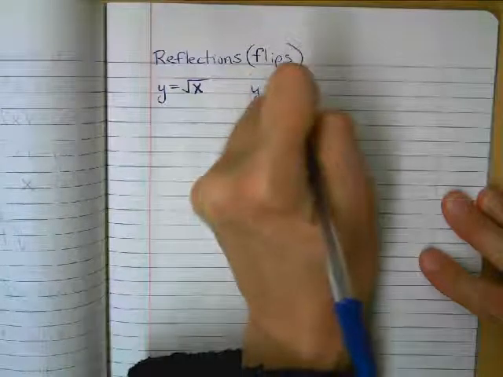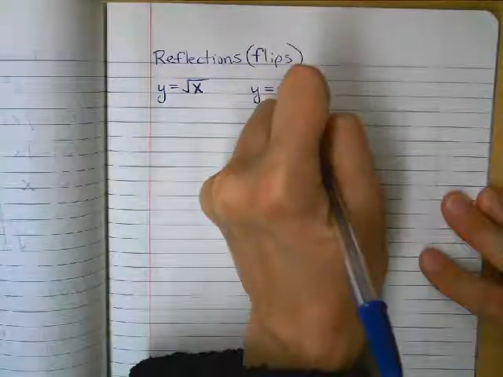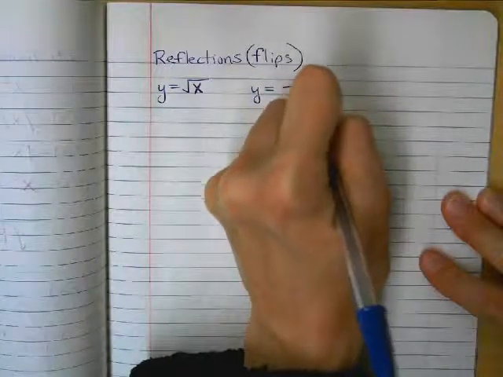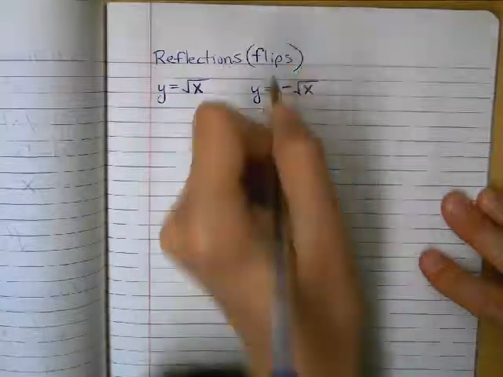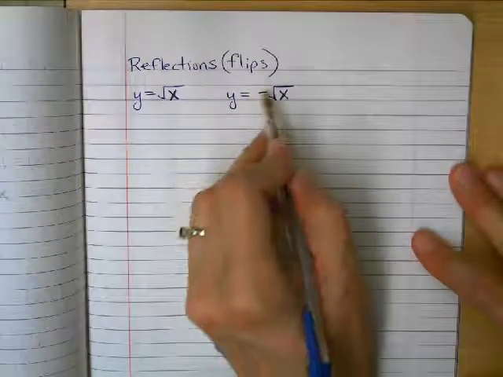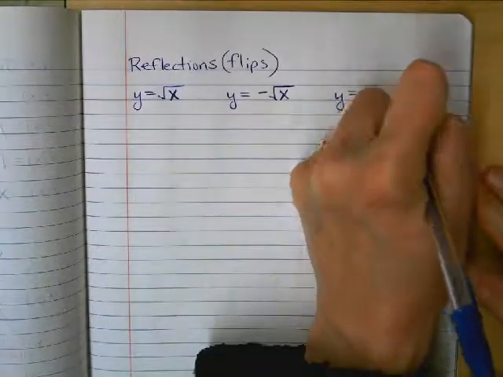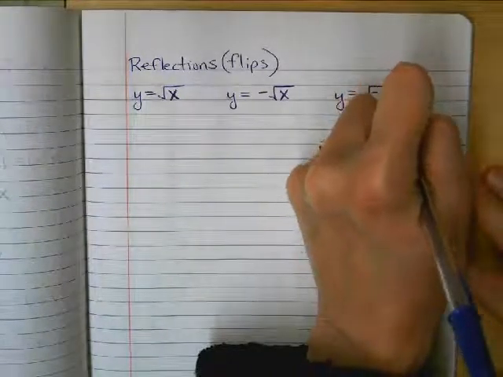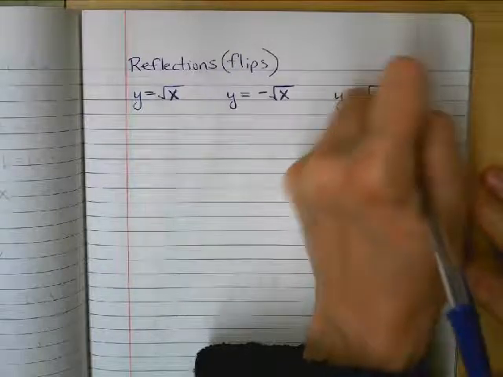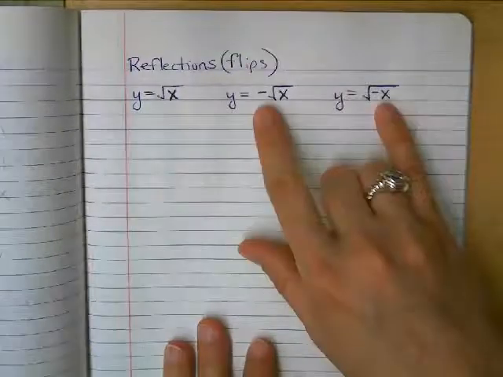A reflection is where they put a negative sign in the problem. The negative could be way in front of the entire problem, or it could even be a negative inside the square root box. And these would do different things.